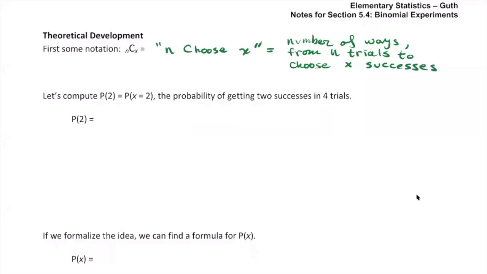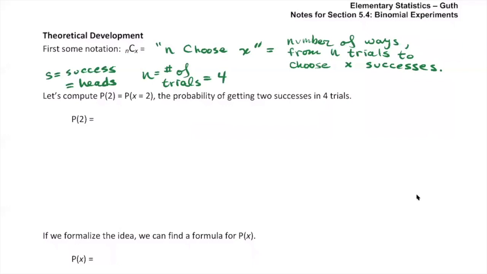Now remember, we've got 4 trials. Those are the 4 coins. And any number of successes, you could have 0, and a success is a head. Okay, so S for success is heads. n is the number of trials, which was 4.